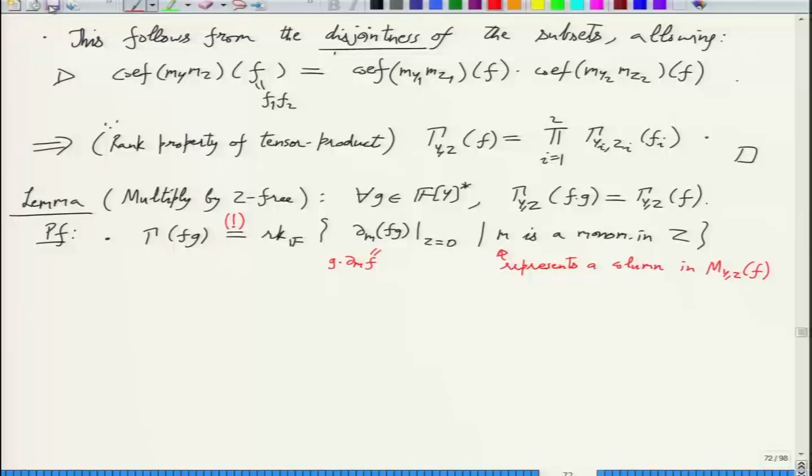In particular, as they are saying, f and g have overlap in y. So I am not assuming that f times g is a multilinear product. G has y variables, and F also has y variables. So both of them may have y1, and that may be giving you y1 squared. You are not partitioning y, but you are only partitioning z, and it also works. Either way, you have to prove something else, which is this.